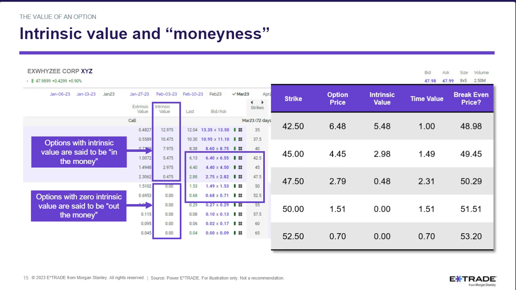To calculate that, it's simply the price of the option plus the strike price. So $42.50 plus $6.48 equals $48.98. So if the stock is at 48.98 at expiration, my option will be worth exactly what I paid. In other words, it needs to be higher than that at expiration for me to be profitable.